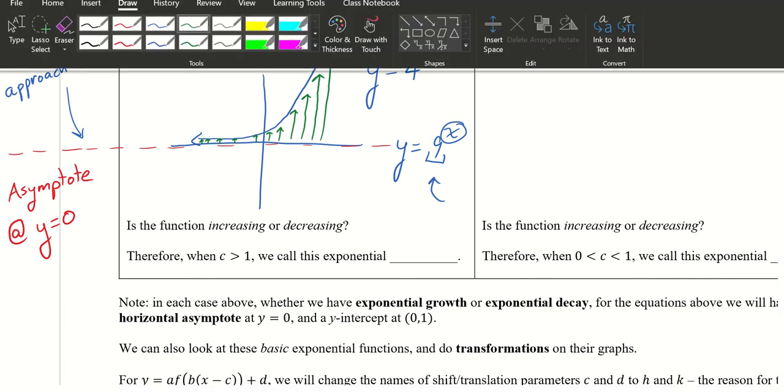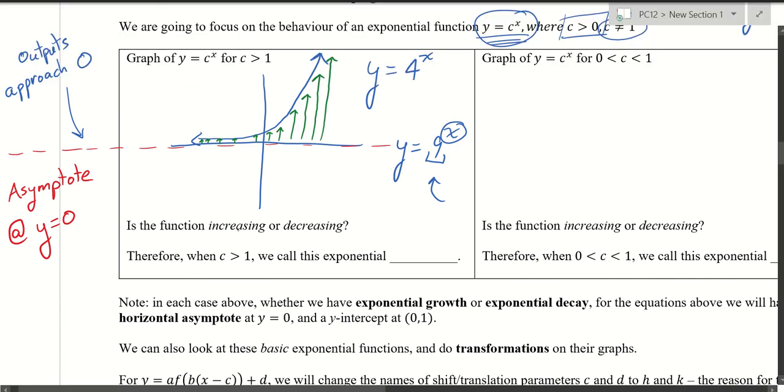Is the function increasing or decreasing? So let's answer this question here. Really, this question is asking, as your inputs get larger, what happens to your outputs? Well, your outputs get smaller, right? Here, x represents our inputs, and f of x represents our outputs. As our inputs increase, what happens to our outputs?